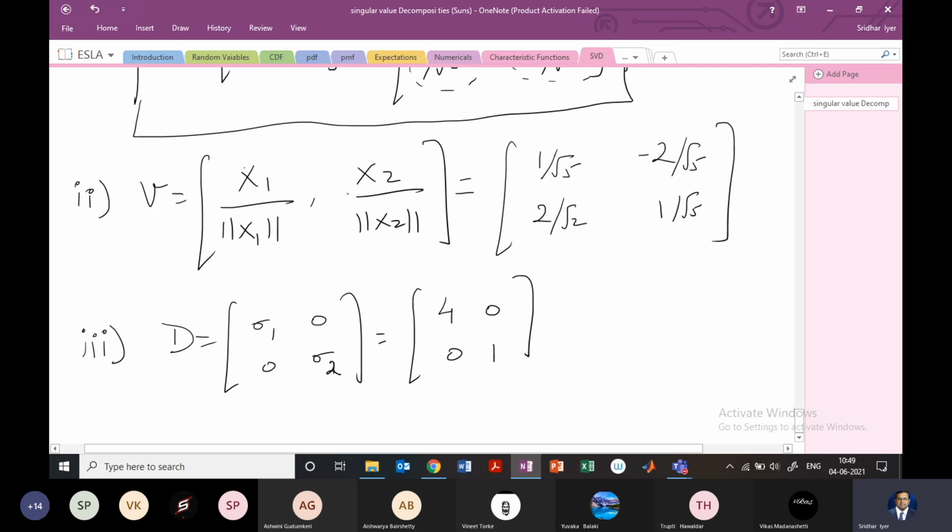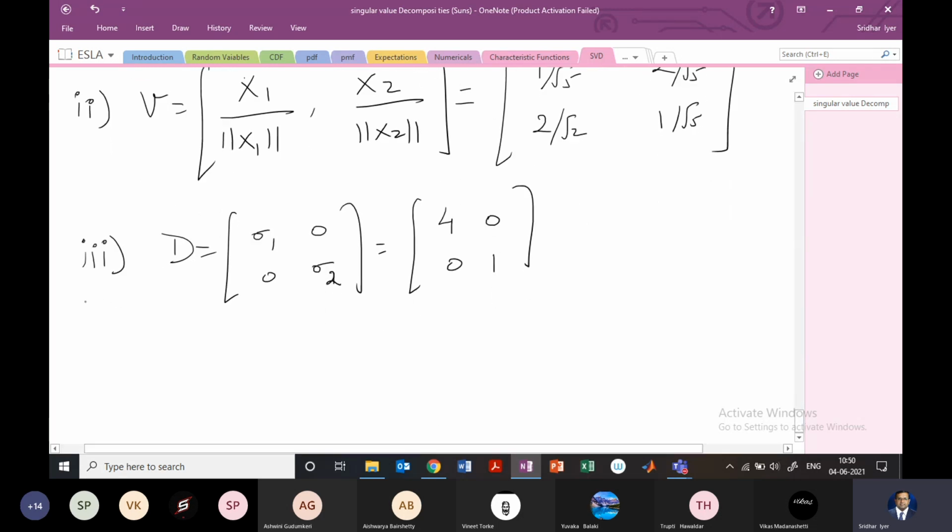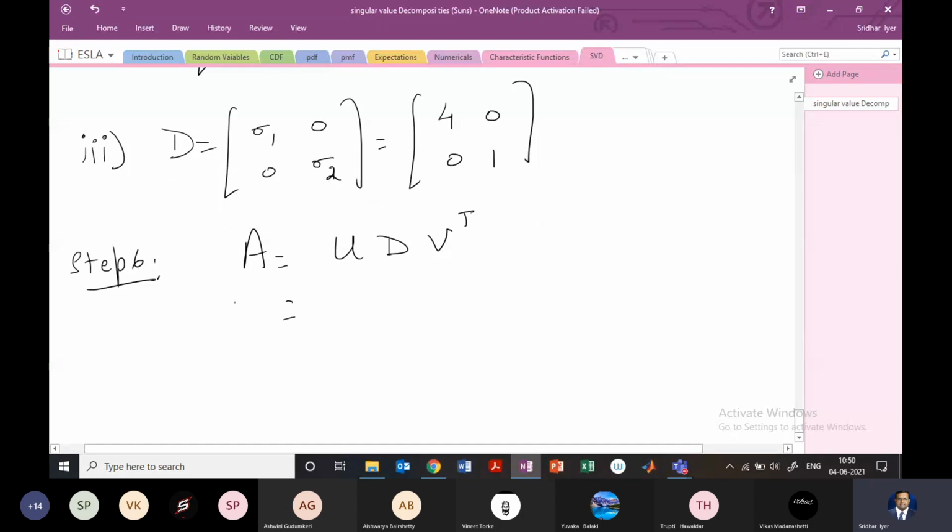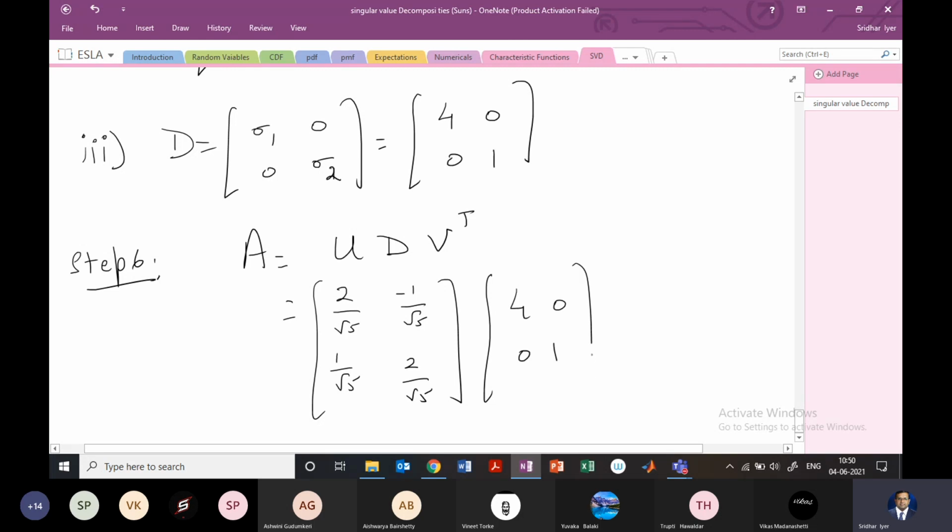So this is your diagonal. Okay, so the last step that we have, that is step 6. Step 6 is A should be U D V transpose. That means we are able to split A as matrix U, which is 2 by root 5, 1 by root 5, minus 1 by root 5, 2 by root 5, and D, which is 4, 0, 0, 1.